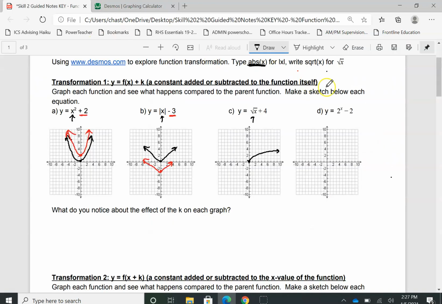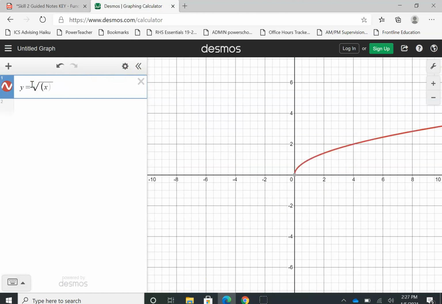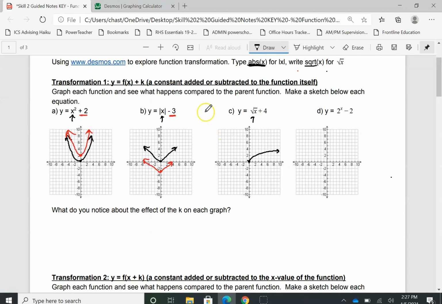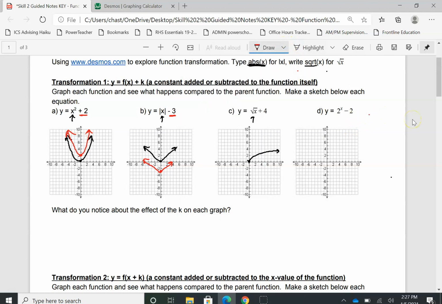Oh, by the way, when you're typing square root of x, use SQRT to mean square root. And then plus 4. And you'll see that we shift it up 4 units from the origin. So when I graph this, I'm just going to take my original graph and shift it up 4 units. And everything else looked the same.